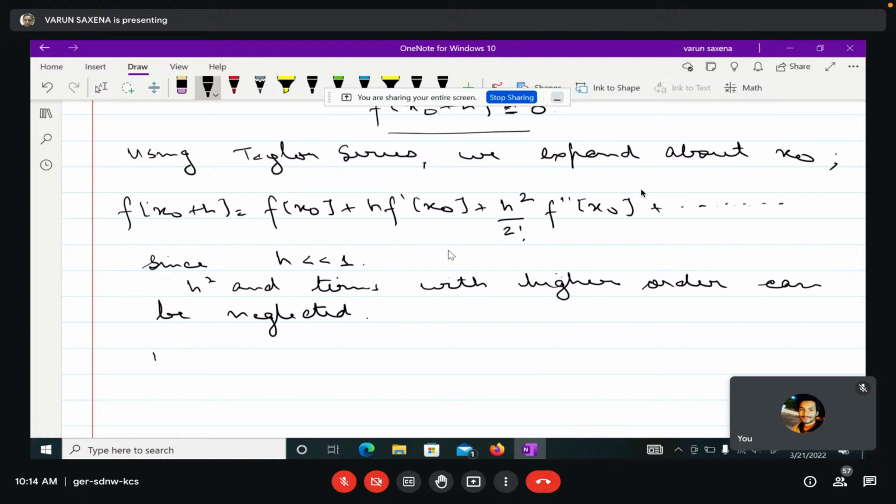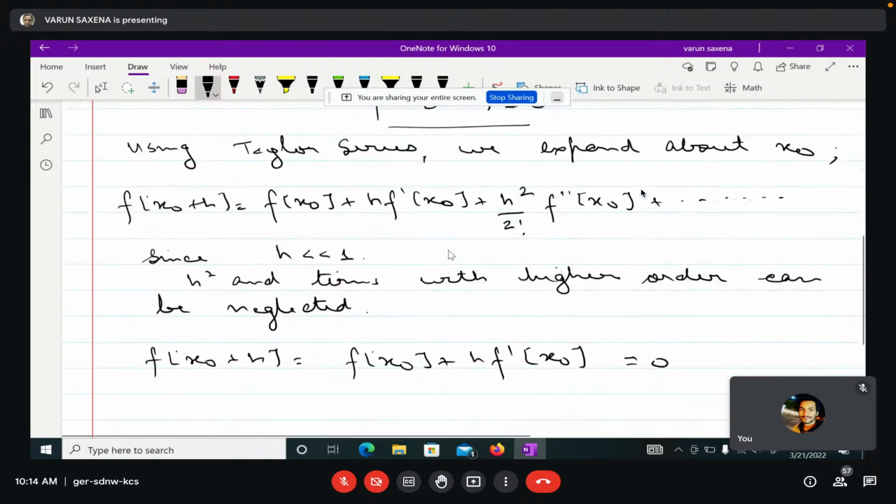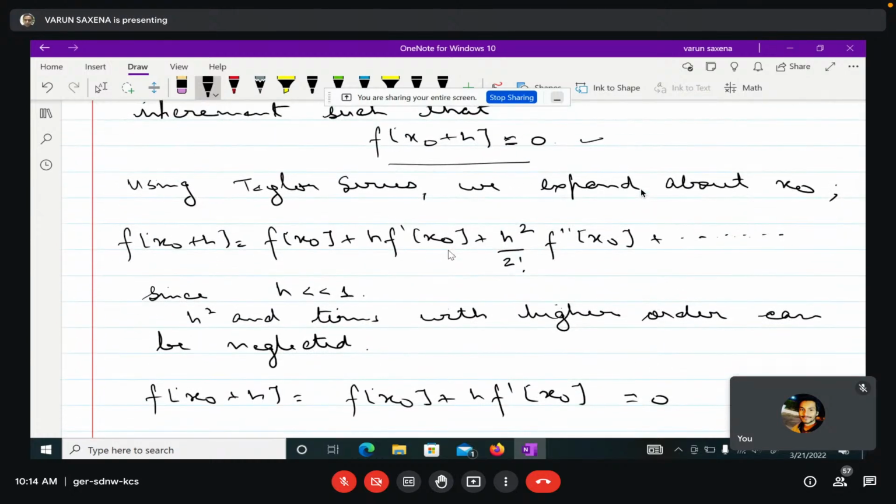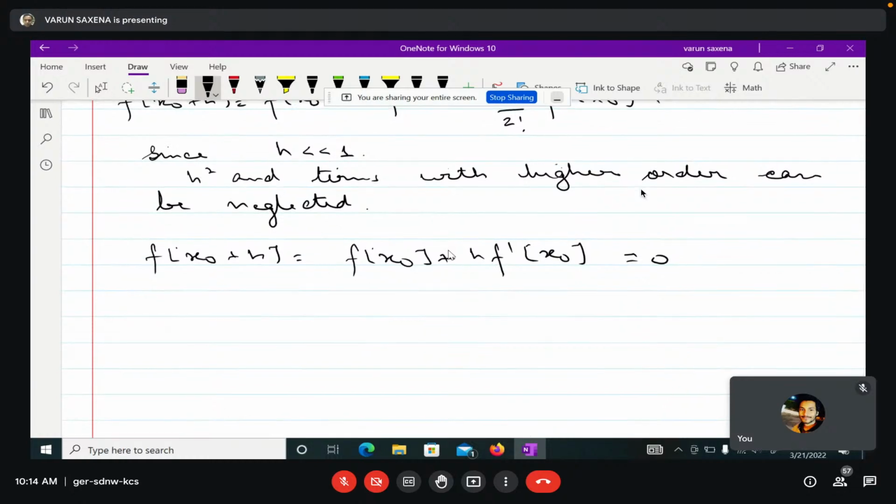If that is the case, then f(x0 + h) is simply equal to f(x0) plus h f'(x0), and this is nearly equal to 0 according to this condition. So if that is the case, then your h is nothing but minus f(x0) divided by f'(x0), right?